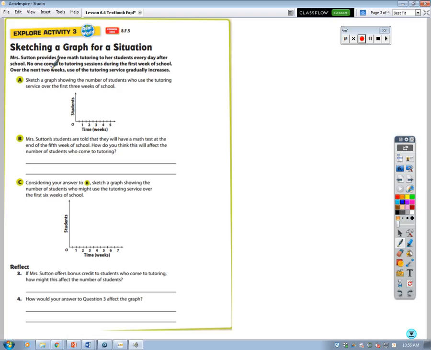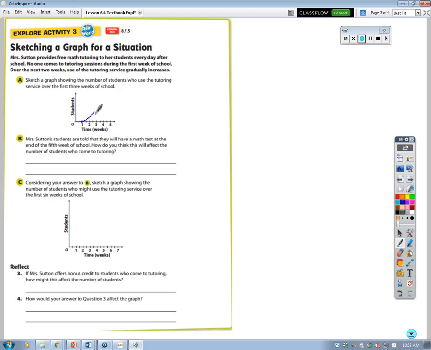So reading that scenario again, no one comes to the tutoring session the first week of school, but over the next 2 weeks, use of the tutoring service gradually increases. Okay, so first week, no students, right? And then the next 2 weeks, it gradually increases.